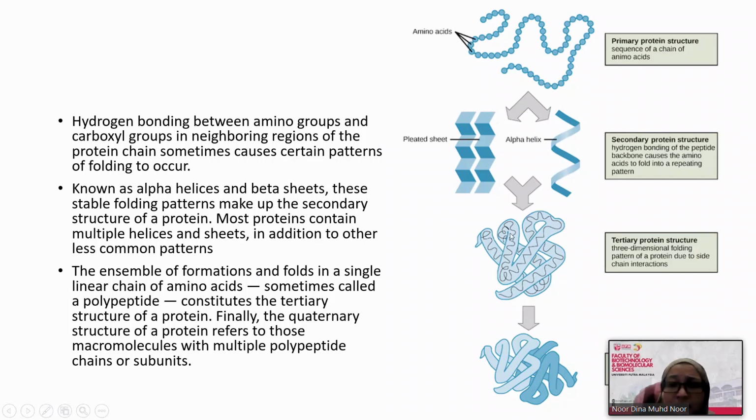After that, with more interactions, they finally form what we call the tertiary protein structure, or three-dimensional folding pattern of a protein, because of side chain interactions from one amino acid over here to another over here.